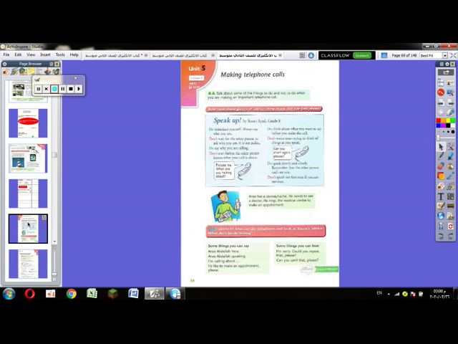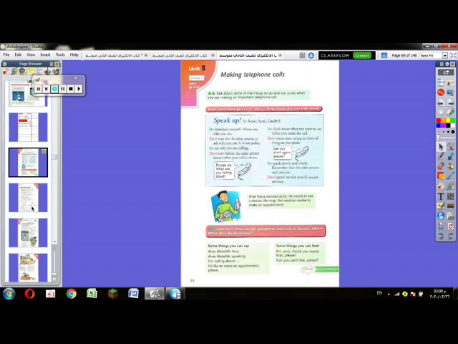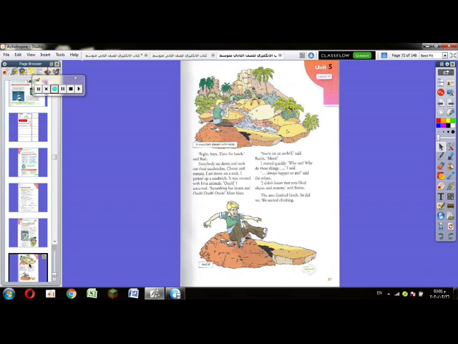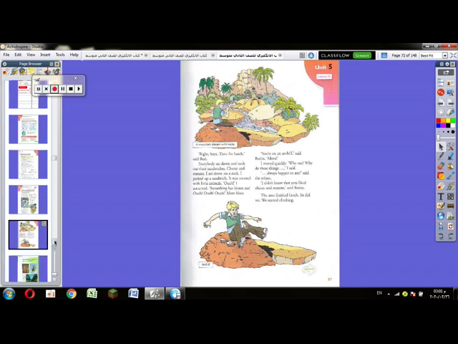We also have lesson 10, as usual, Story Time. Read a story for comprehension. We have some question activities about that. After that, we have the same short story.